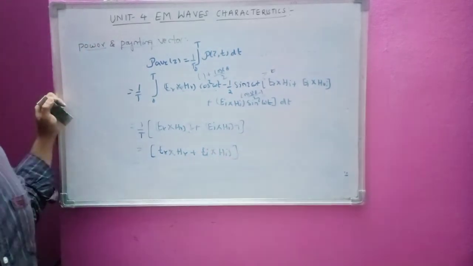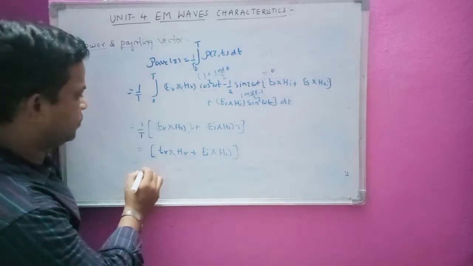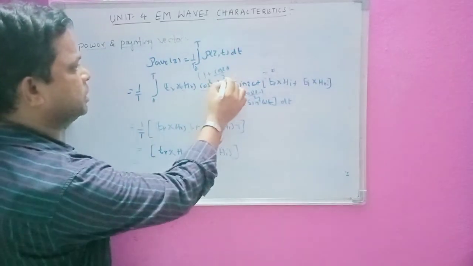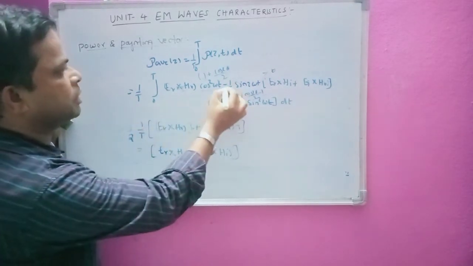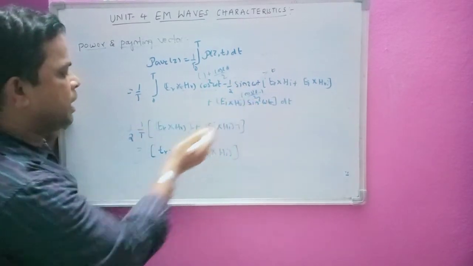Now here we are going to get 1 by 2. I am forgetting the 1 by 2 here, so I have to write 1 by 2 also here. Why? Because 1 by 2 is there for this one and for this one, so I have to take 1 by 2 outside.